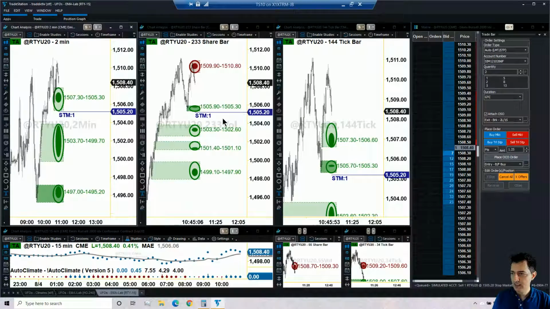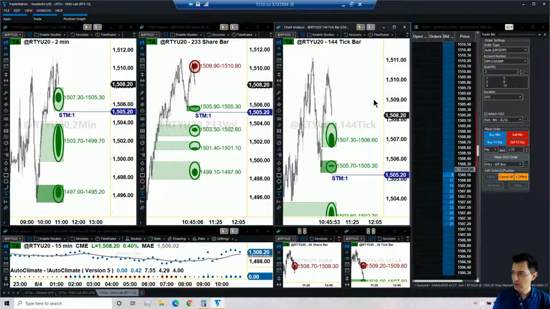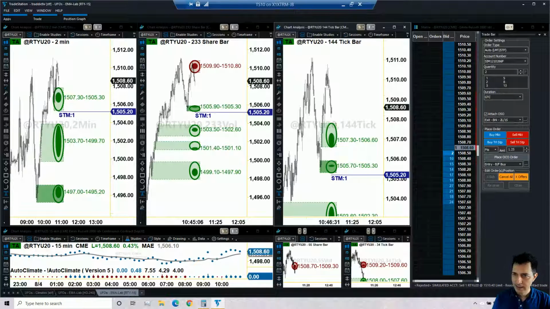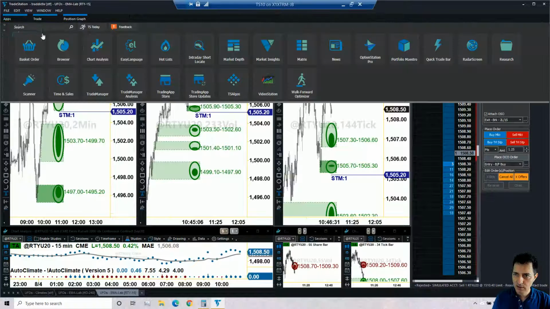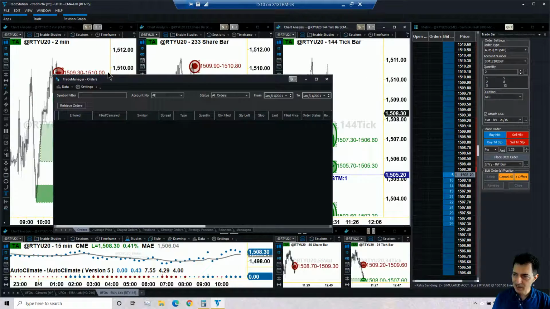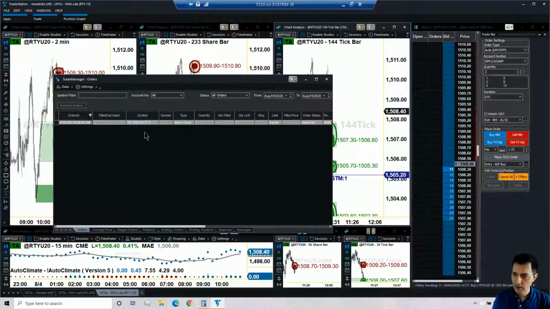As you can see, there is a delay in some shape or form on my platform. I certainly need to check that later to understand what's happening, because I can see a stop order, but I don't see my entry. These things could happen to you guys, and if this happens, keep in mind that the trade manager window will help you see your orders.